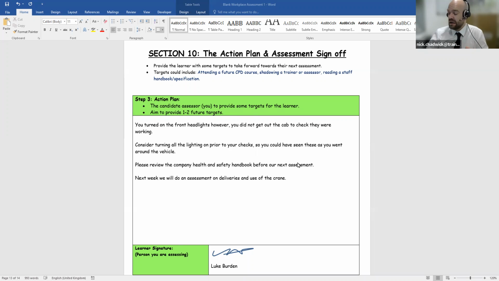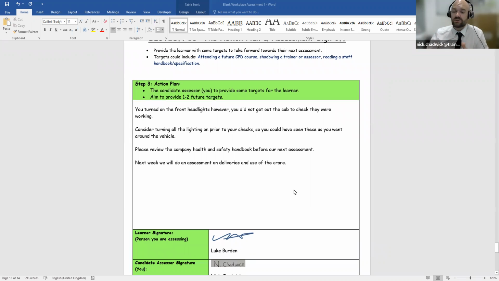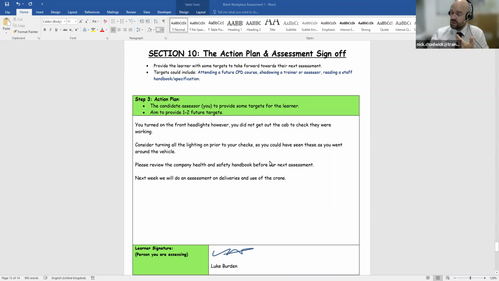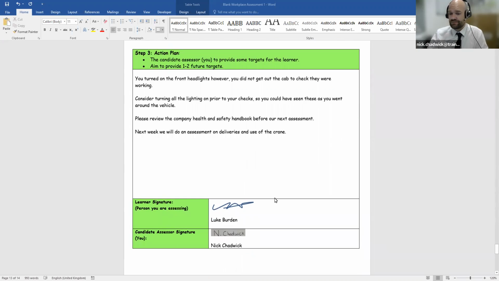So that is just our target for Luke to review perhaps the health and safety handbook. And this is going to prepare him for the next assessment. Okay, so as we can see there, next assessment we will do an assessment on deliveries and use of the crane. Okay, so it's just that aspirational target for the learner to enhance their knowledge there.